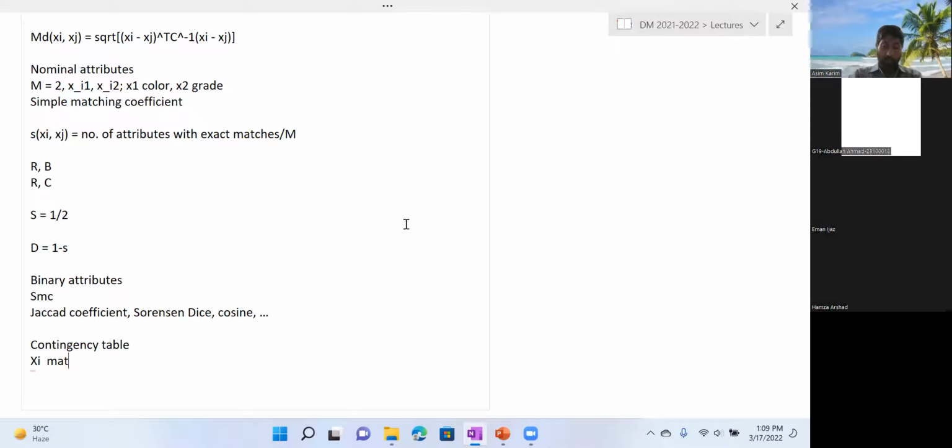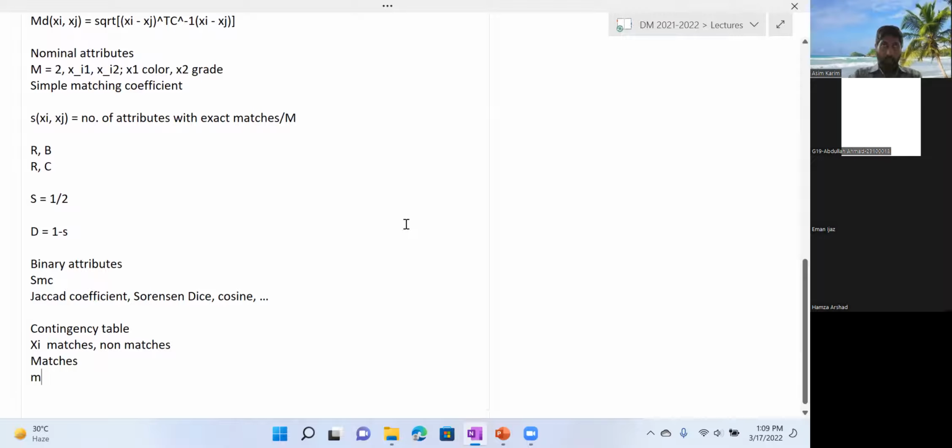Basically you have matches here and you have non-matches. And of course the column would also be for the other object, where you have matches and then not matches. And then you write the count. How many attributes of xi and xj match? That will be there. How many attributes of xi are different from that? You write it there. And then from this table, you can compute all the measures.